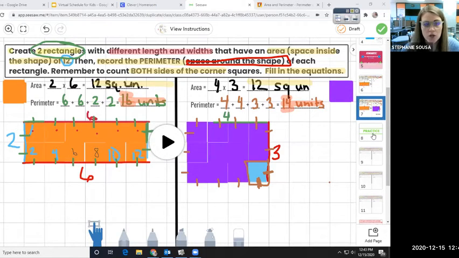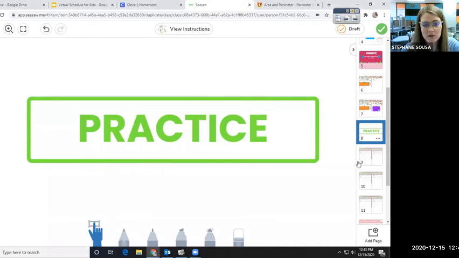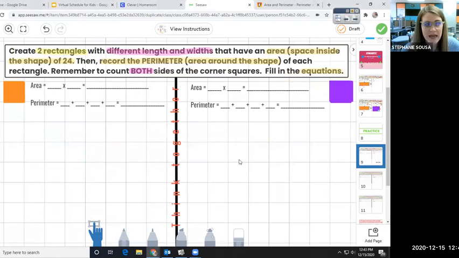All right, you're getting ready to practice one of these with a buddy in a room. Okay, I want you to go to slide 9. On slide 9, you are going to do a think together. You are going to create two rectangles with different lengths and widths that have an area, which is the space inside, of 24.